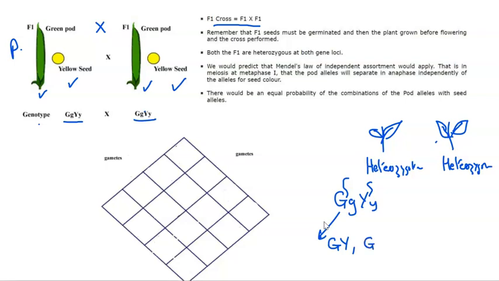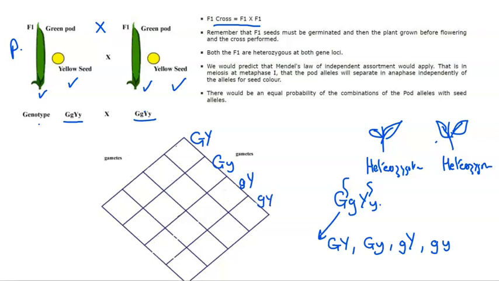Big G with the little y. That's the second gamete. The little g could end up with the big Y, and because of the law of independent assortment, we would also have little g and little y. So 4 gametes to line up on this side here, like so. And of course, that's going to be equally true on the other side.